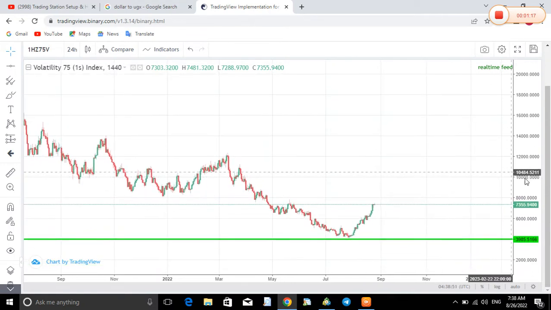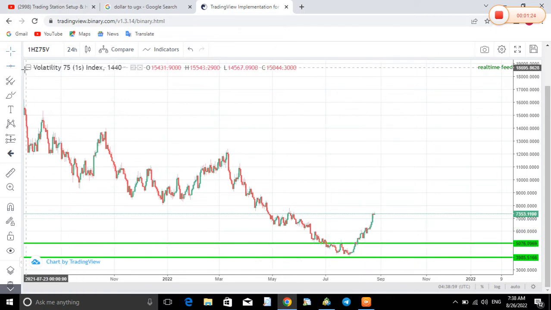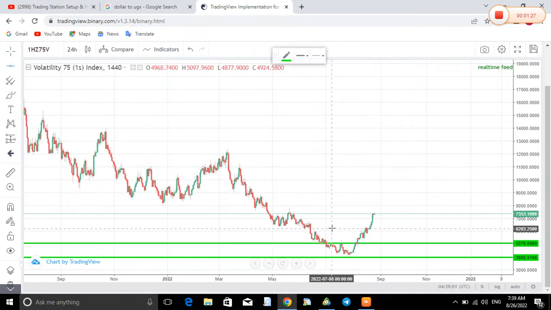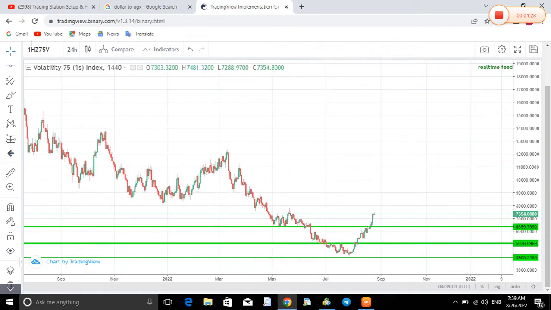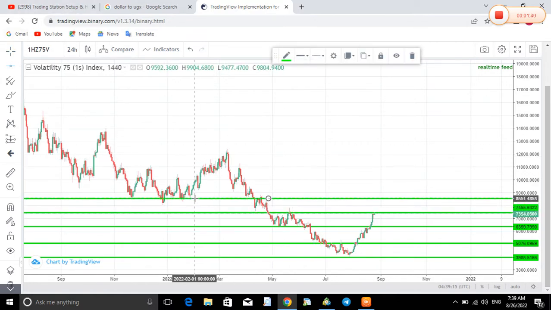So now currently I'm on Volatility 75 (1s), and I can see we also have this reversal area, we also have this particular area here, and we also have this area.